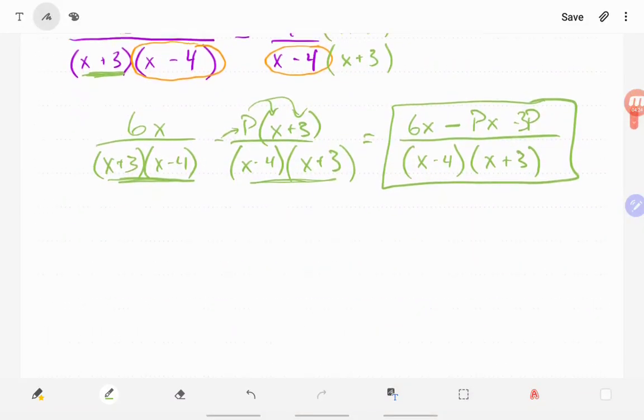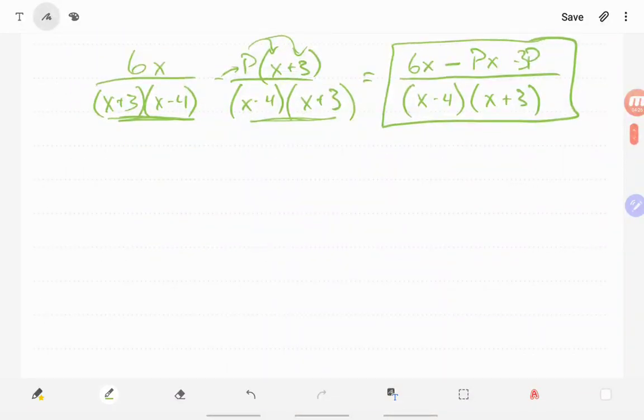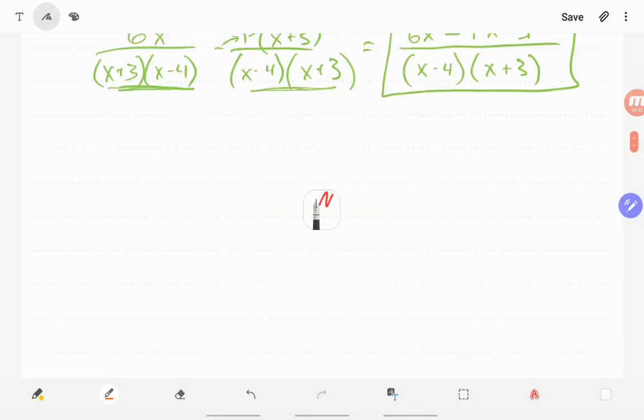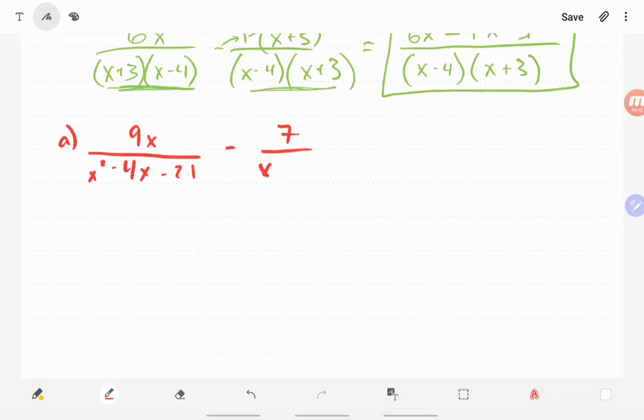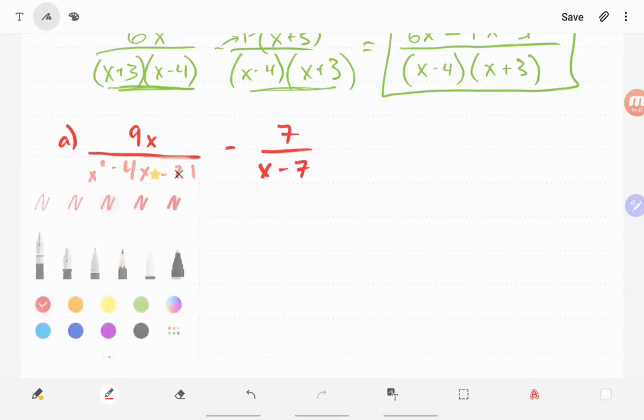All right, let's look at a practice problem from lesson 101. Okay, so the practice problem that I want to look at with you guys is practice problem A, and it says 9x is being divided by x squared minus 4x minus 21, and then we are subtracting 7 over x minus 7.